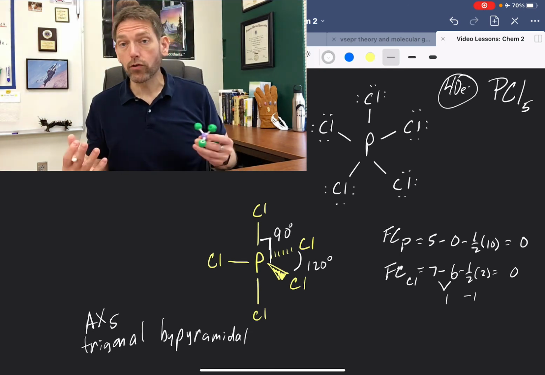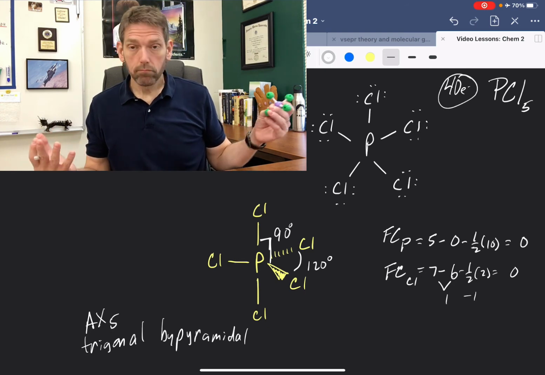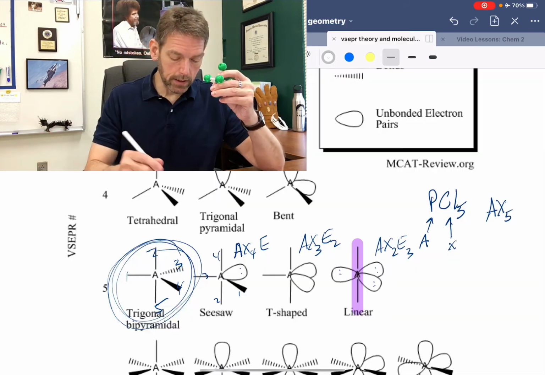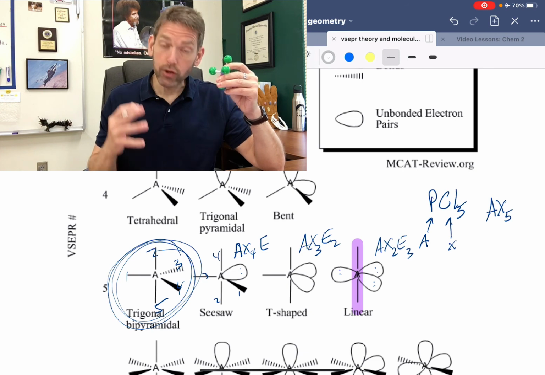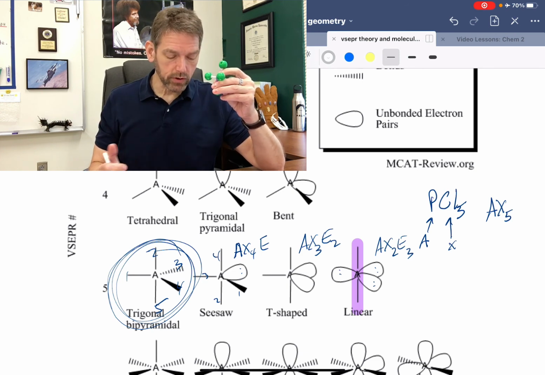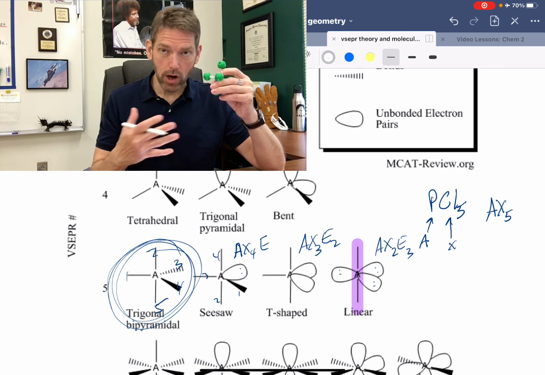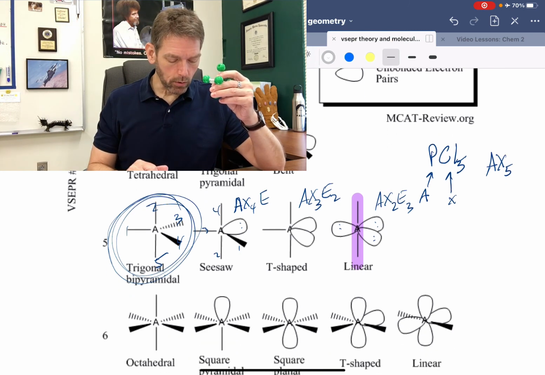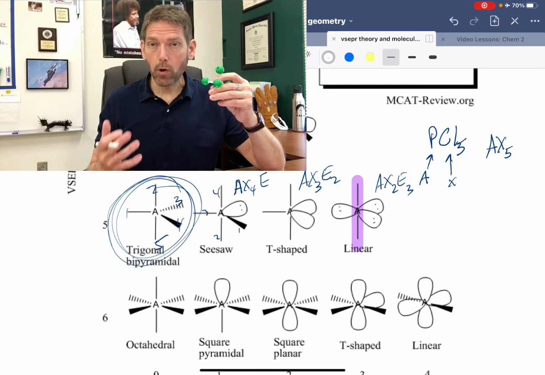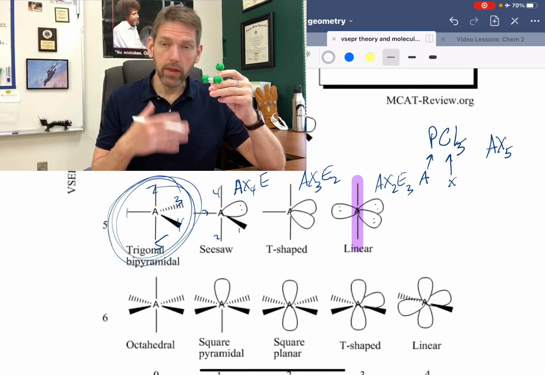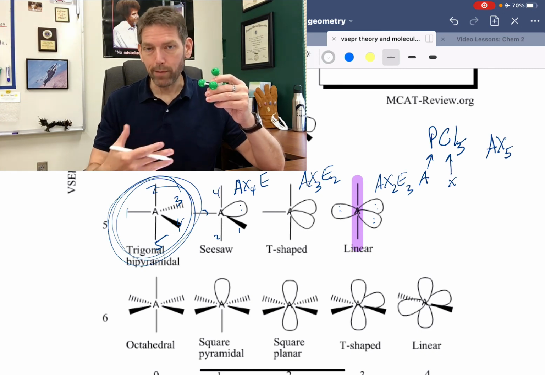Okay, and then electron domain is the same, right? Electron domain is trigonal bipyramidal. So just like with a domain of 4, the electron domain was tetrahedral, and then the geometry could be tetrahedral. So where you have 5, the domain is trigonal bipyramidal, and then the geometry here is also trigonal bipyramidal.